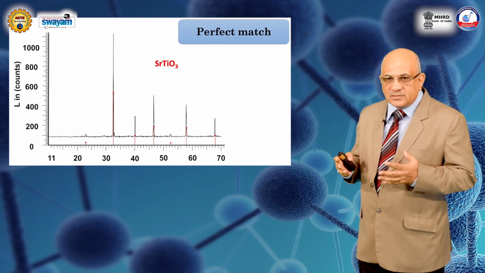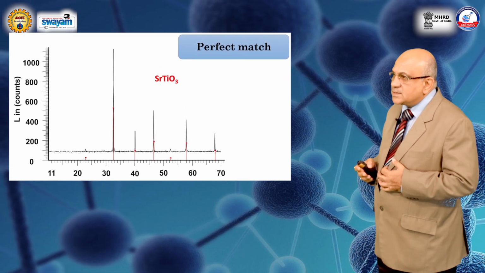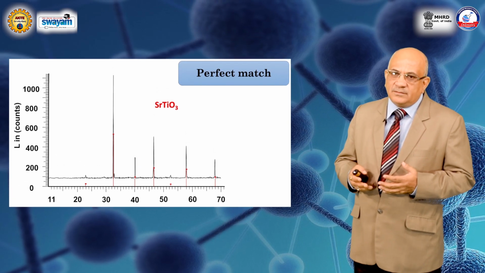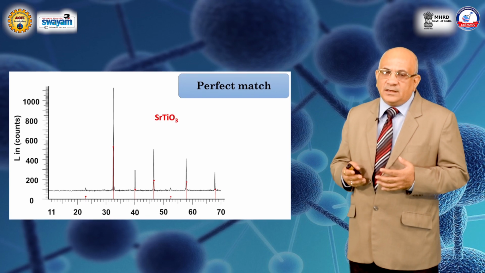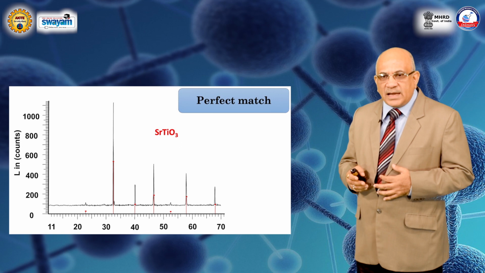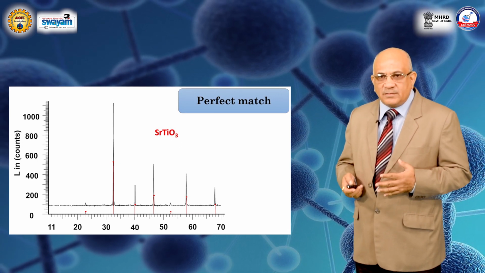They match well, and this is how X-ray diffraction is used. You measure your data on your material and compare with the data known in literature which is available to you in the software, and then you match it and you see that all the reflections are matching. So there is a perfect match.